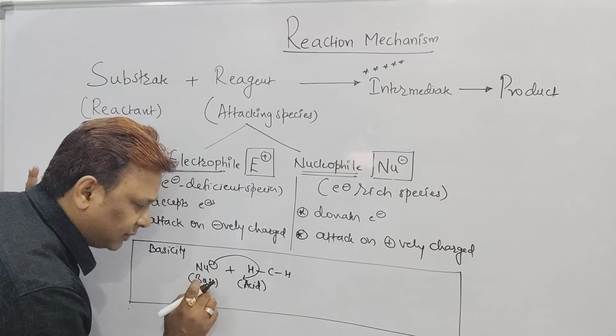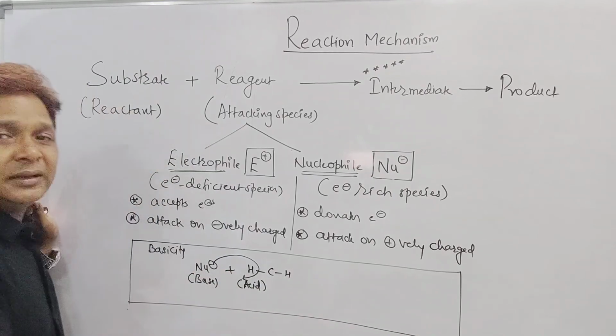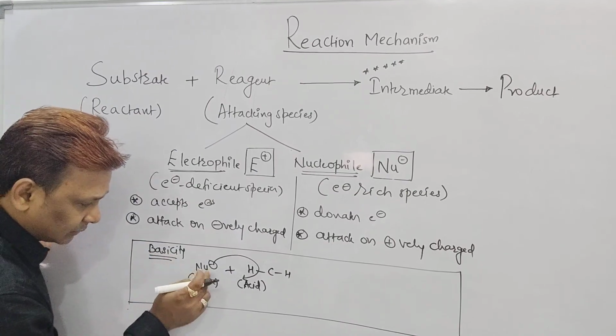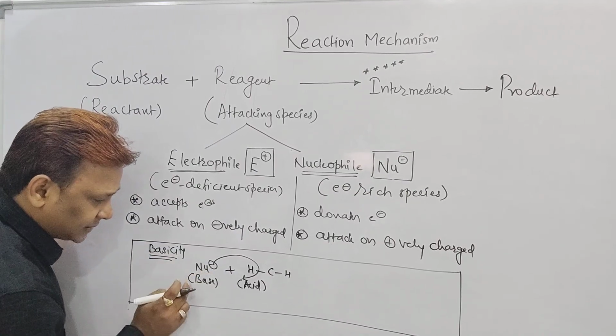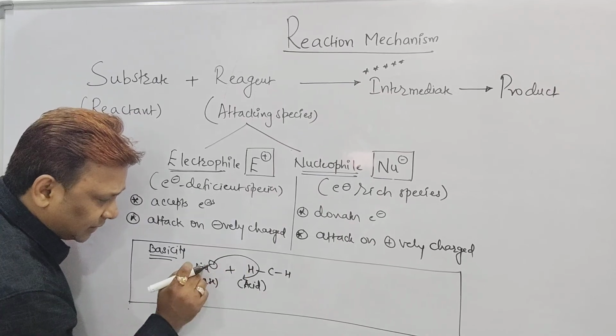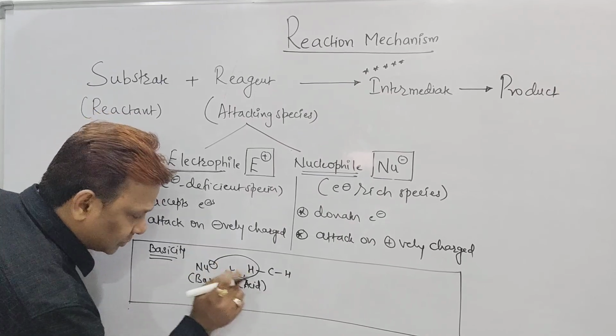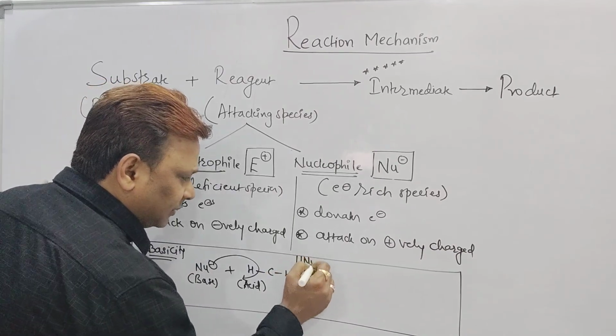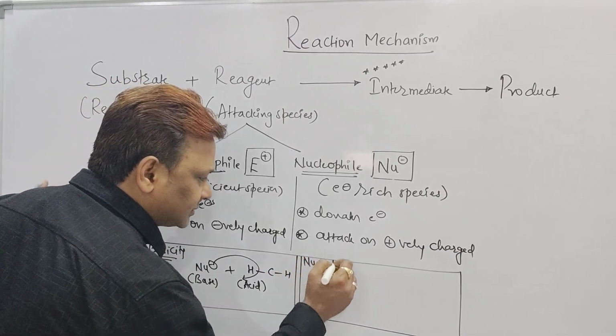So it is a reaction between acid and base called neutralization. It indicates negatively charged species will act as a base, and its tendency to attack on the hydrogen is called its basicity. Second part, check it, beta. What is meant by nucleophilicity?